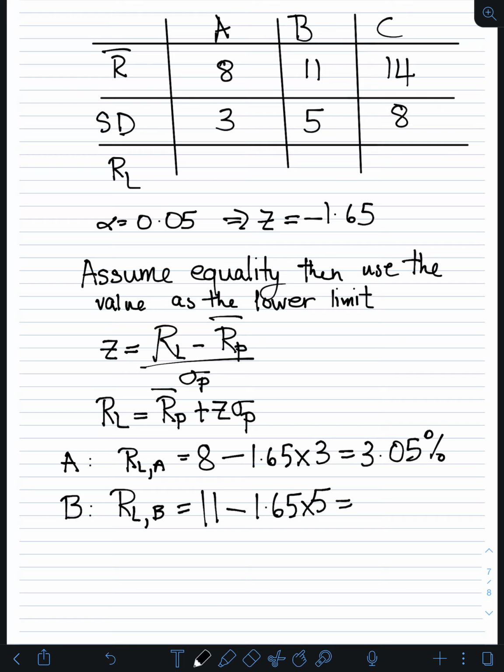And that turns out to be 11 minus 1.65 times 5, which is 2.75%. As you can see, I'm writing on an iPad, so I have a few issues. Things keep disappearing. Things show up the way I do not want them to show up, and so on.